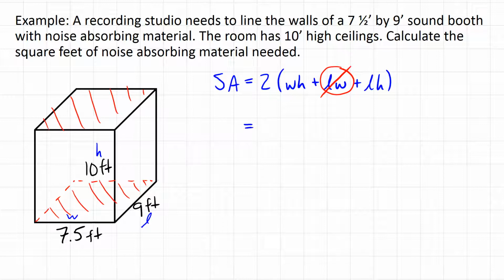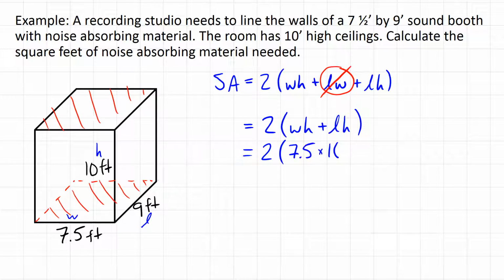So now I can go ahead and calculate the surface area of just the 4 walls using 2 times WH plus LH. Let's throw in those numbers: 2 times W is 7.5 times H is 10 feet, plus L is 9 feet times H is 10 feet.